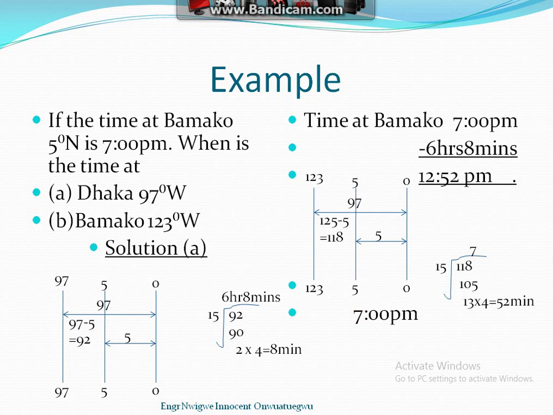We subtract 7 hours 52 minutes from what we now have, which is 12 hours. If you subtract anti-clockwise, if you subtract 7 hours, we now have 6, 7, 8, 9, 10, 11, 12. So 52 minutes is still remaining.